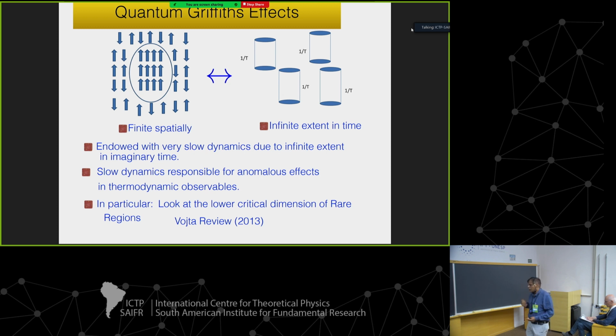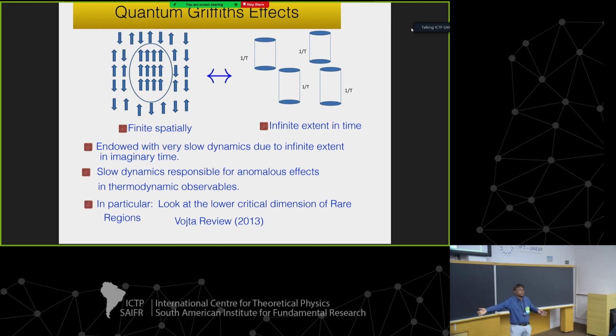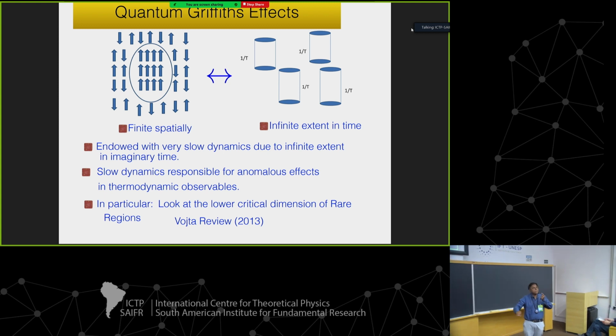But you can ask the following question. What would happen if each of these regions can by themselves order? Such a situation would happen, for instance, if you take an Ising model and you have a 1/r² interaction in the Ising model. The 1/r² interaction in the Ising model, as many of you students would know, is exactly the sort of range that you need for an individual Ising model to order.